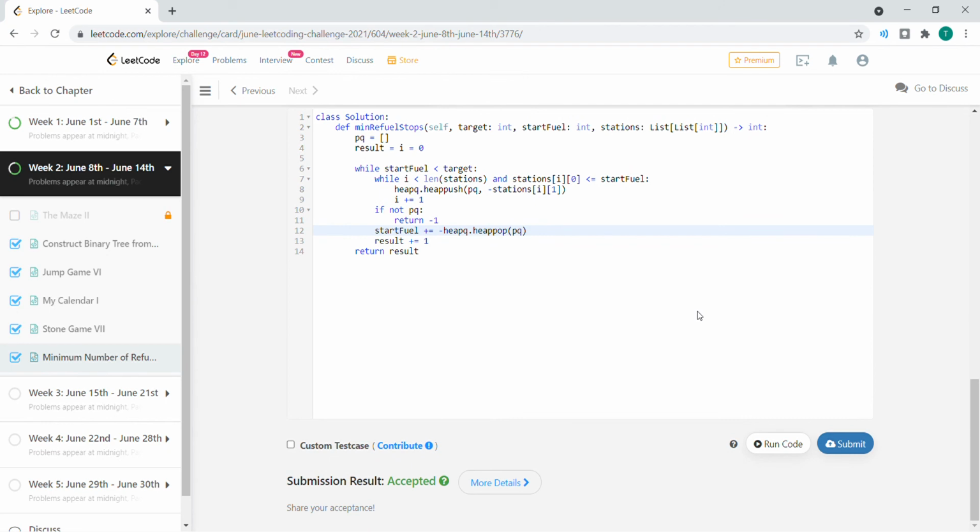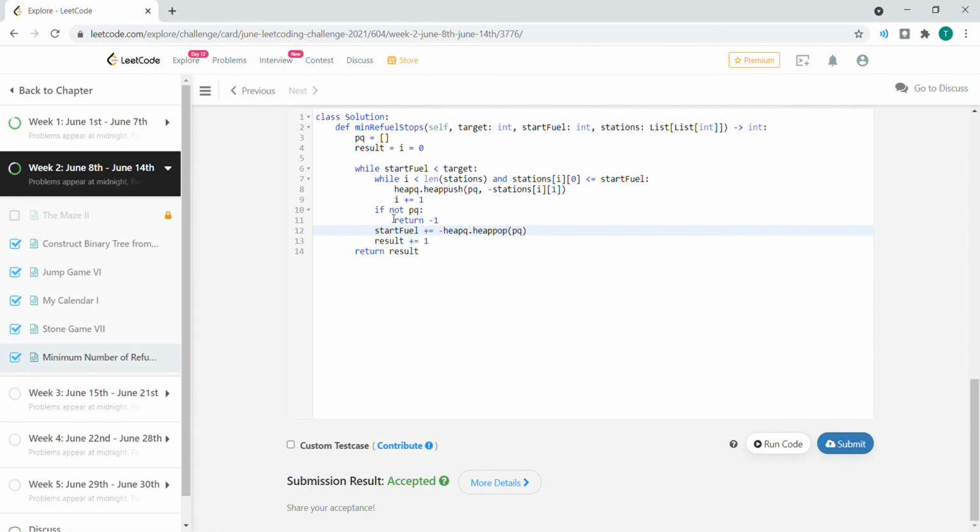So the time complexity would be a big O of n log n, because we have a while loop within a while loop, but we're only accessing n stations, and the rest is just basically the log of n. Here n is our target destination, and the log n part is the number of stations we have crossed.